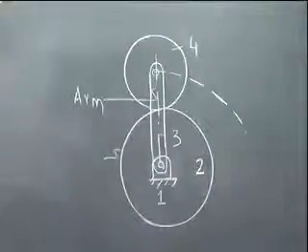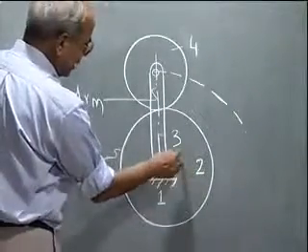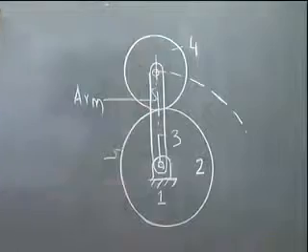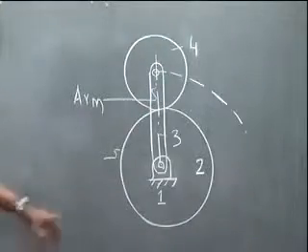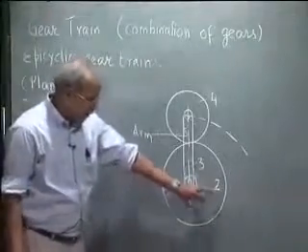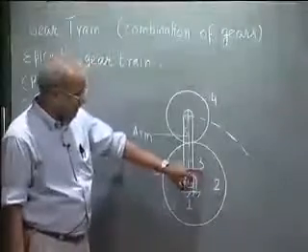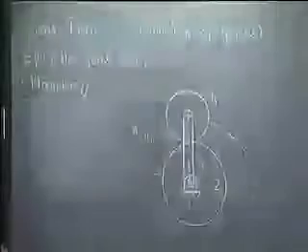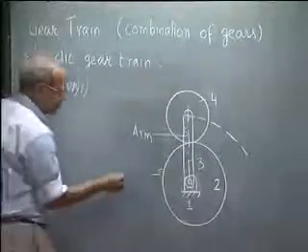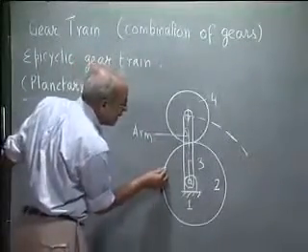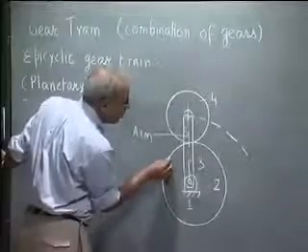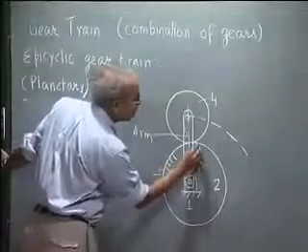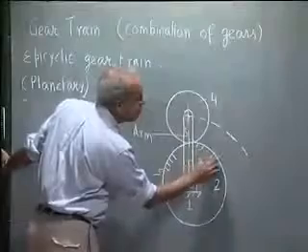So we say we give input to gear 2 and arm 3, and ask what is the speed of gear 4. We prescribe the angular velocity of body 2 and body 3, and we want to find that of body 4. To study this relative motion without any loss of generality, I can take one body to be fixed, and let me take body 2 to be fixed.